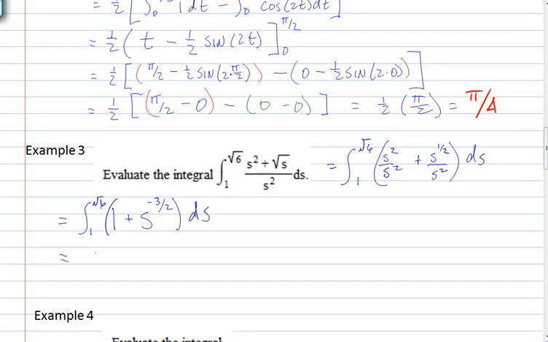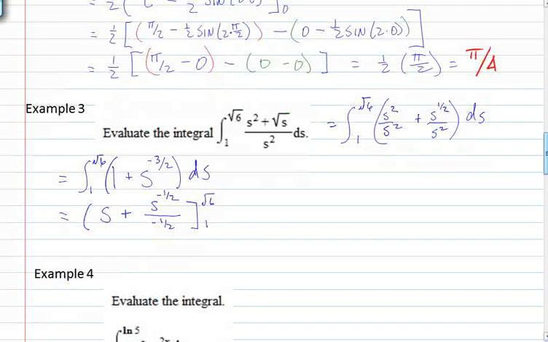So when we integrate 1, what do we get? And when we integrate s to the negative 3/2, we add 1 to the exponent. So that's going to be s to the negative 1/2 divided by negative 1/2, and we evaluate this from 1 to the square root of 6. Is that right?